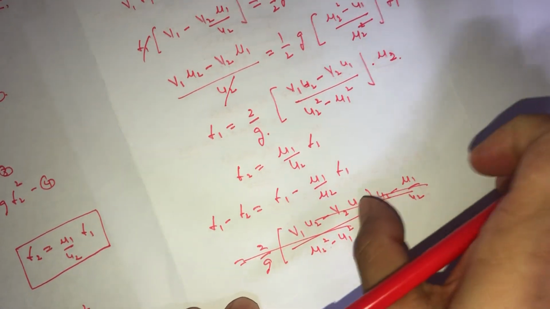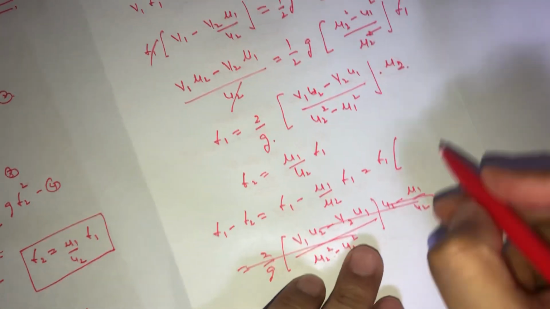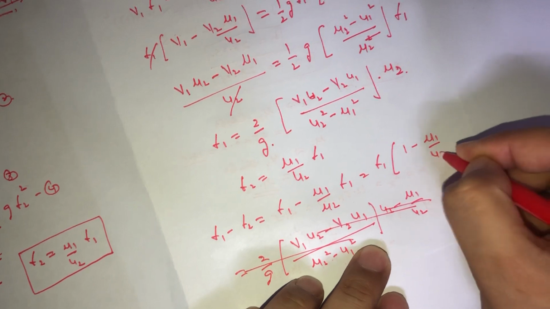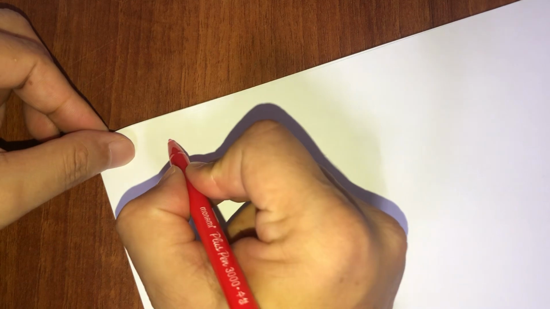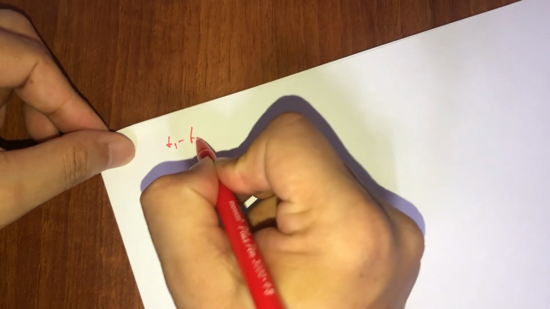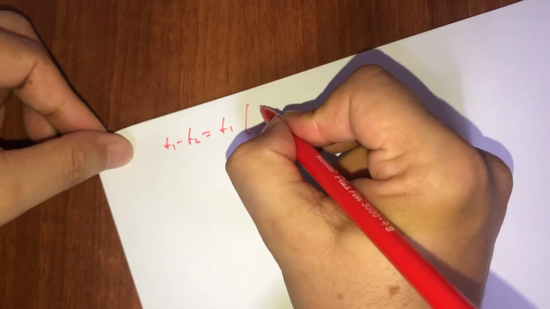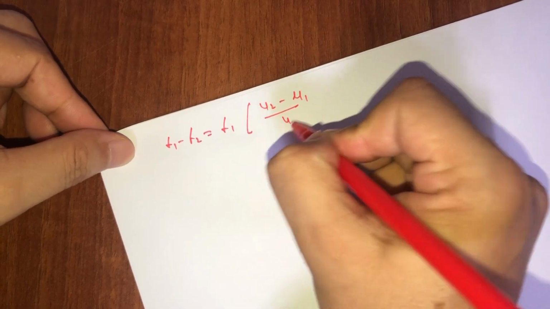Let me do it another way. We can take t1 as common, it is much easier. So we get 1 minus u1 by u2. We can write t1 minus t2 is equal to t1 times u2 minus u1 divided by u2.